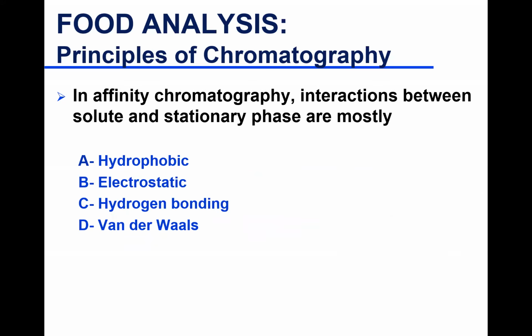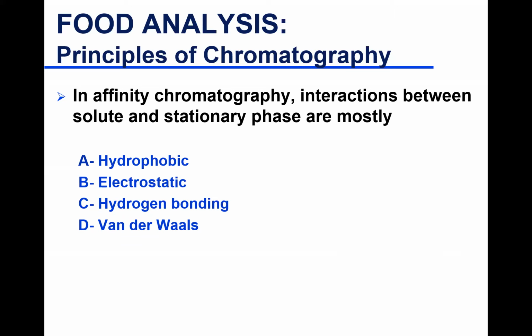So in affinity chromatography, interactions between solute and stationary phase are mostly what in this case? I would repeat the question. So what would it be in this case? C?